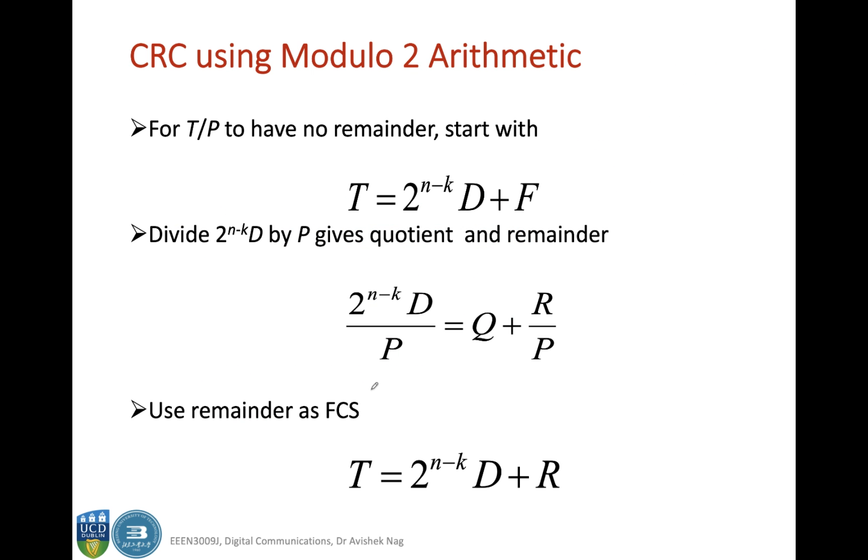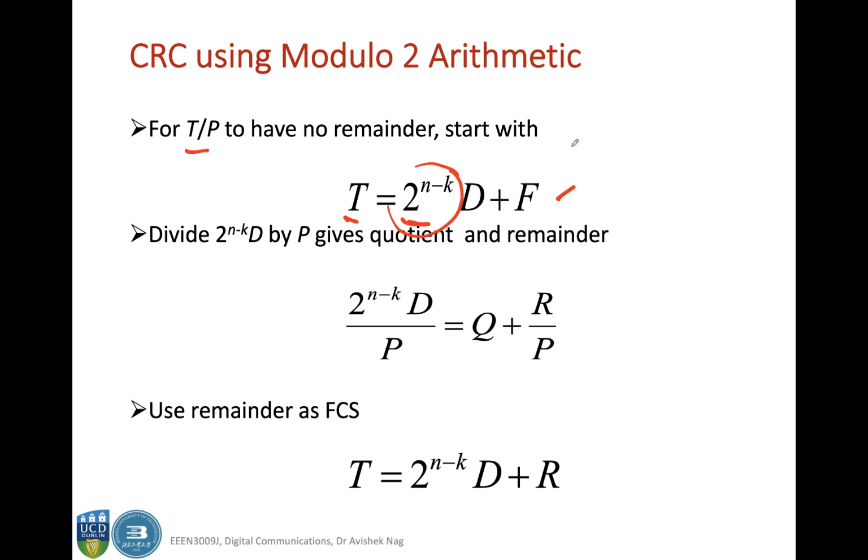If you move on with these assumptions, let's do T divided by P. In the receiver, this entire frame T is divided by P. For T divided by P to have no remainder, let's start with this. This is the representation of T in modulo 2 arithmetic. If you multiply by 2 to the power n minus k, this means there is an n minus k bit shift.